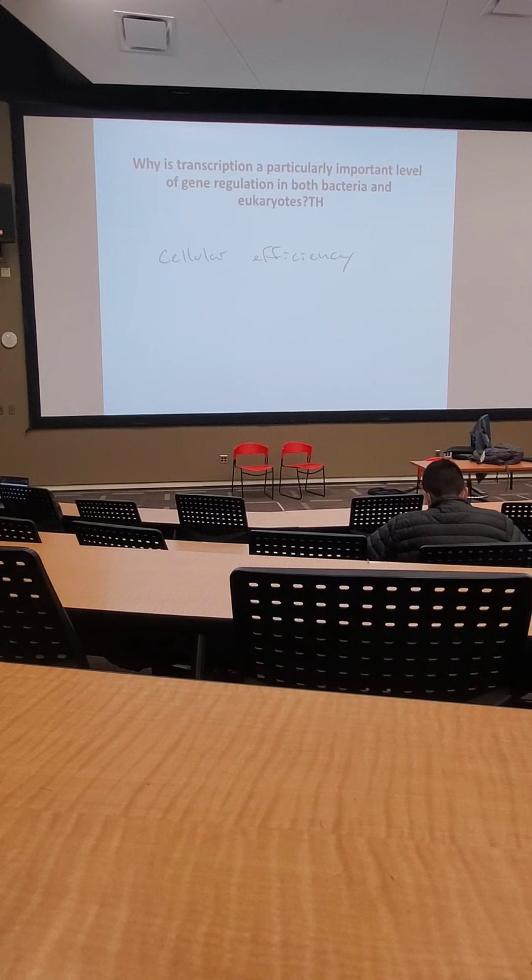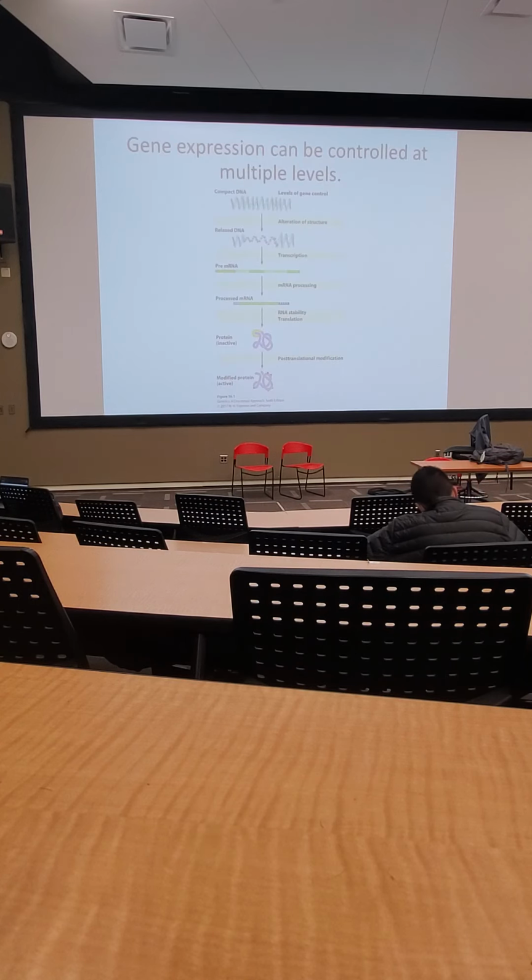If you're transcribing and expressing genes you don't need, you actually don't get differentiation. So I think the best answer here is cellular efficiency. It's the first step, right? Why spend all the energy modifying, splicing proteins when you can just turn gene expression on and off at this step?